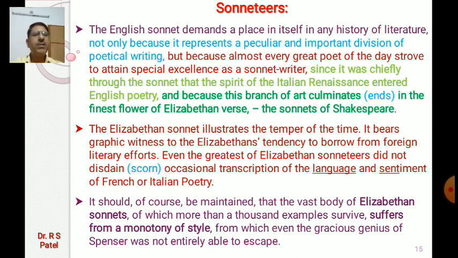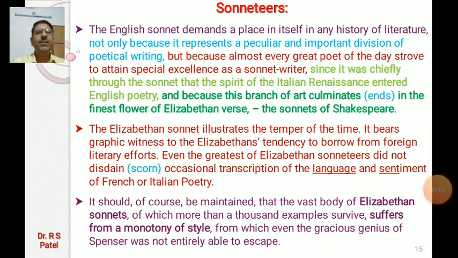From which even the gracious genius of Spenser was not entirely able to escape. So the sonnets of Spenser also have this kind of style that is in a way somewhat monotonous.